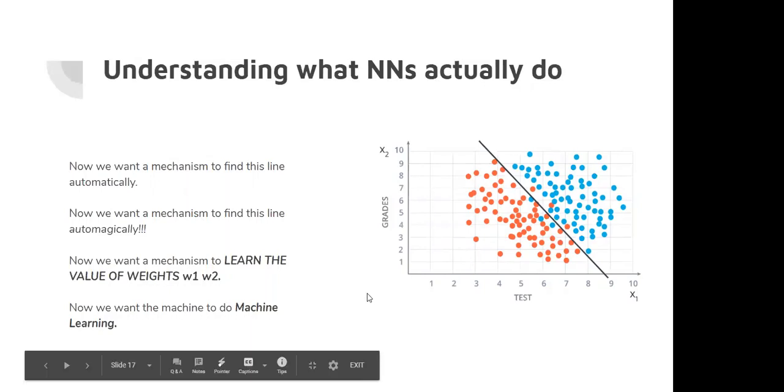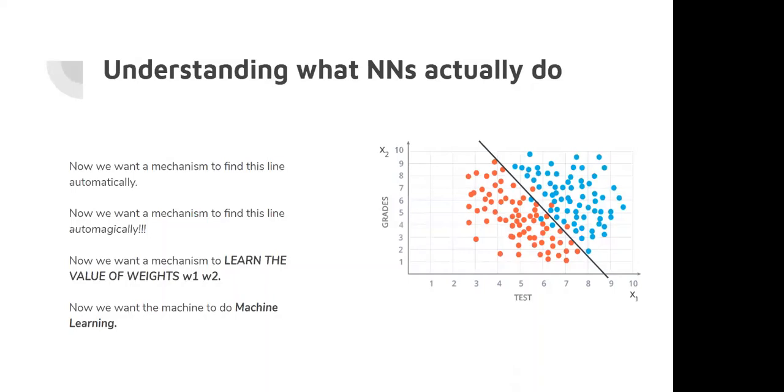But actually we want the perceptron to figure this out by itself, and that is where all the hype about machine learning comes in. We need a mechanism to find this line automatically: learn the values of weights W1 and W2, and eventually want the machine to do machine learning.